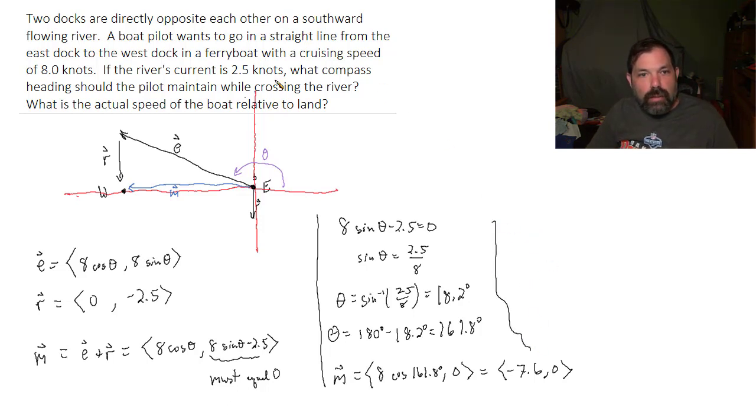And so what does that mean? If the river's current is what compass heading? All right, so if this theta is 161.8 degrees, then this angle here, that's the 18.2 degrees.